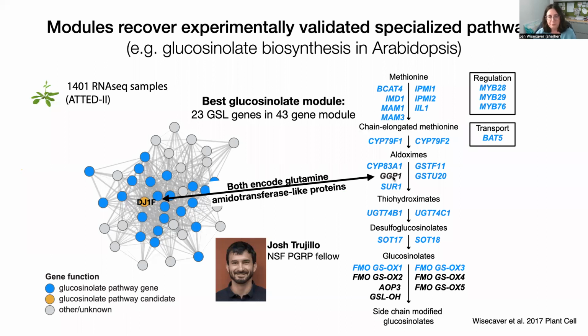So this is an overview of the sort of results you can get in a model organism, model system of glucosinolate biosynthesis, where we have a lot of known glucosinolate genes. And we also have a giant RNA-seq data set, over 1,400 samples going into our global co-expression network analysis.